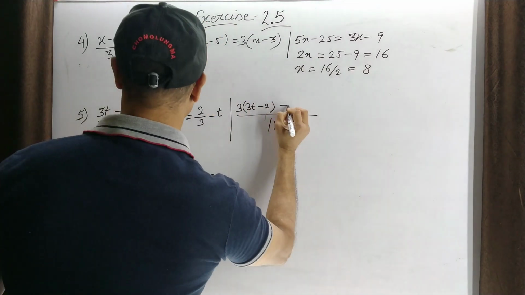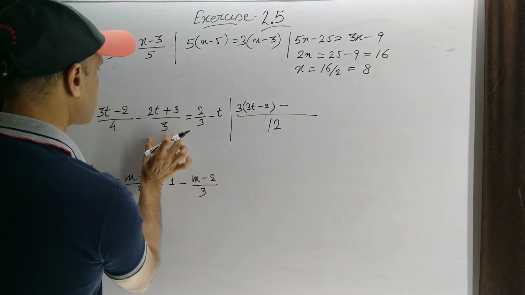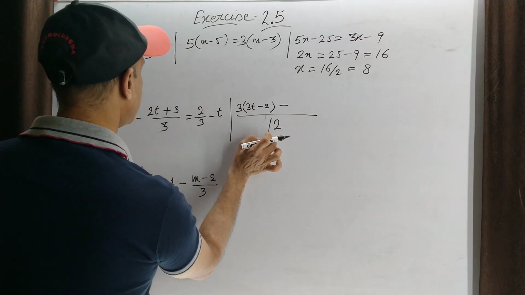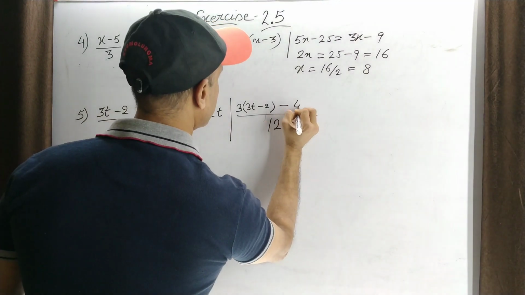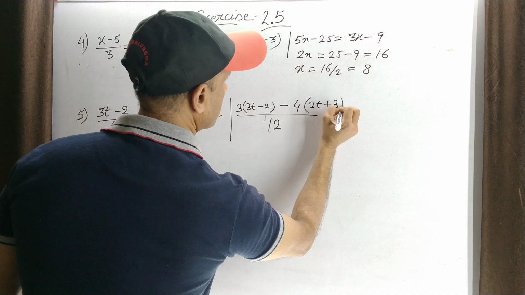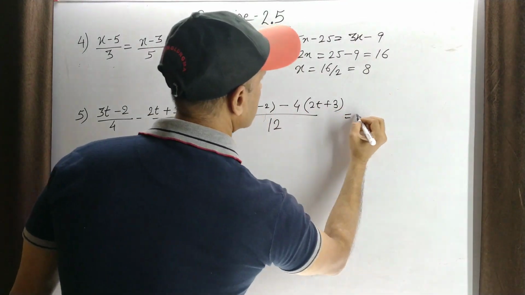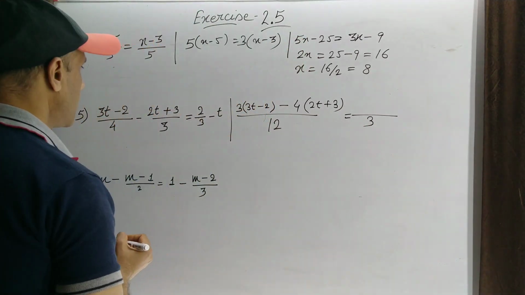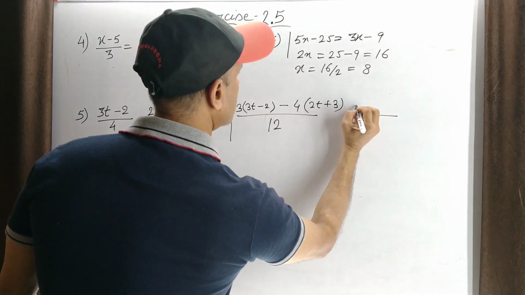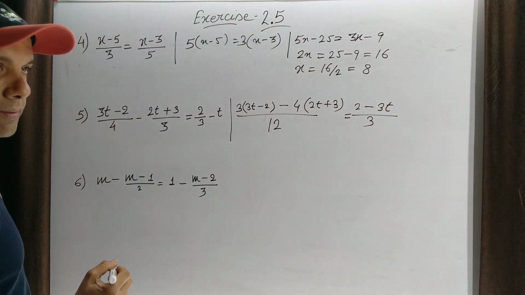And here it stays minus, and this becomes 4 divides 12, 3 divides 12, we get 4, so 4 multiplies 2t plus 3, okay, is equal to common denominator 3, and we get 2 minus 3t, okay?